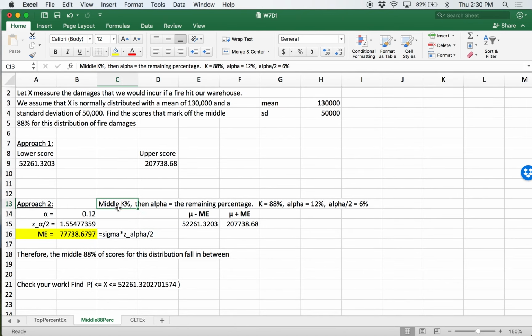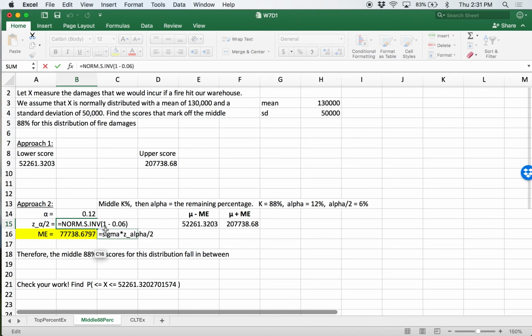So the middle k%, k in this case is 88%. So our alpha value is the missing percentage, or 12%, and then alpha over 2 is 6%. So when we computed our z alpha over 2, we took 1 minus the alpha over 2 value, so 1 minus the 0.06. Plug that into the norm.s.inverse, and it gives you the appropriate critical value, or z percentile, that we need to use.